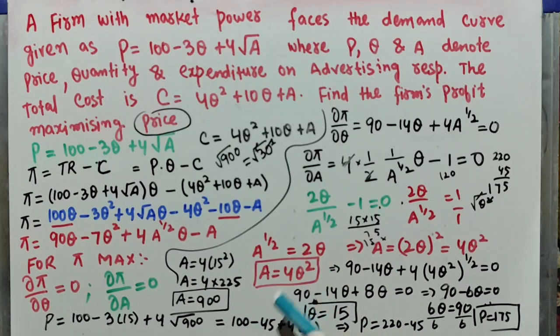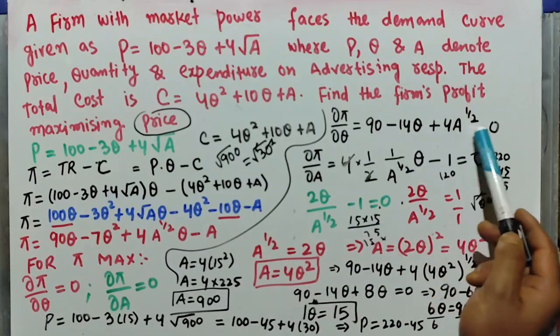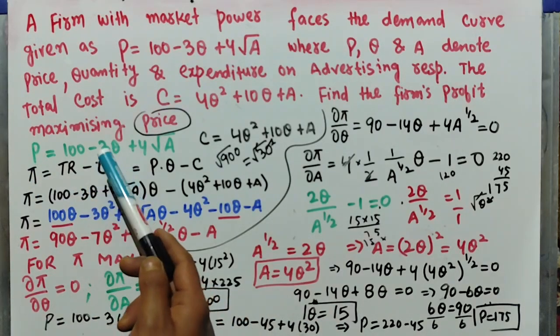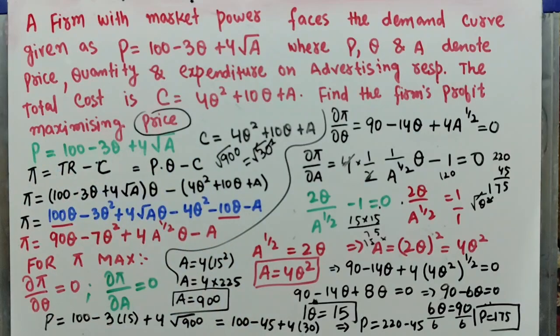Then we plug the value of A into the first equation to find the value of Q, which came out to be 15. Then the value of A will be 4 times the square of Q. When we are done with A and Q, we can find the profit maximizing price, because we need both Q and A to find it.